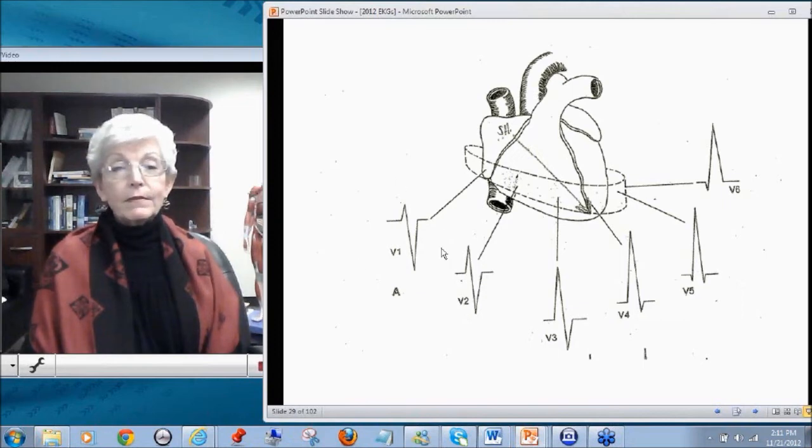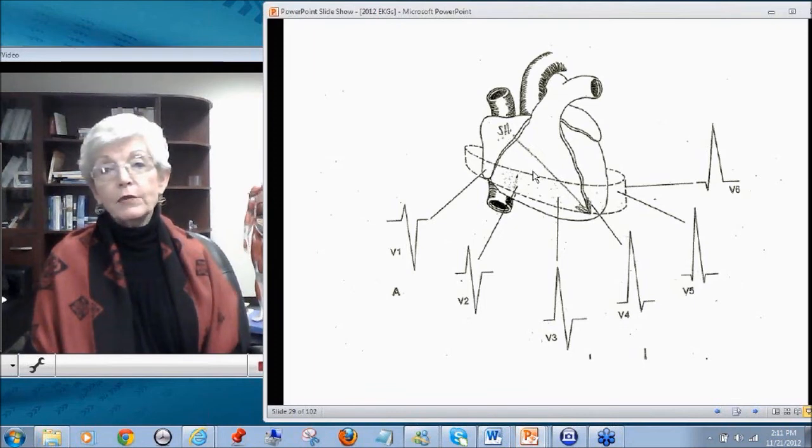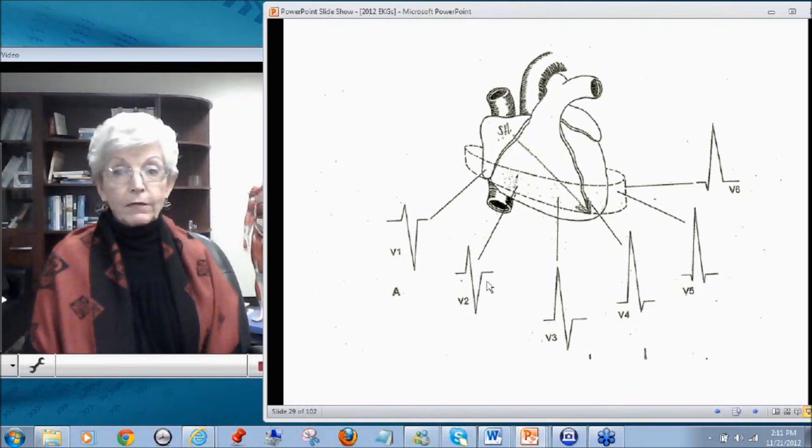This is confusing and worrisome to novices when they're looking at EKGs, because you're used to seeing something upright, like a lead 2. But this is the normal picture of a V1. It is predominantly negative. In a V2, the flow of electricity comes towards that electrode longer than it did in V1, so I get a slightly more positive before it passes that electrode and now becomes negative.